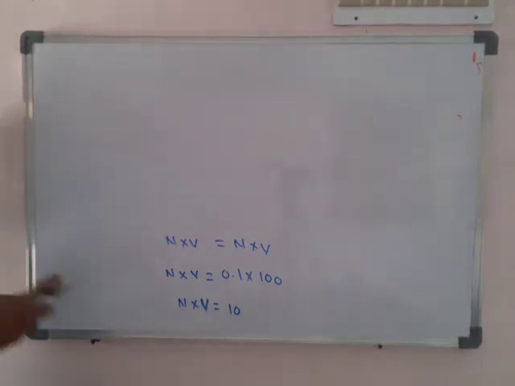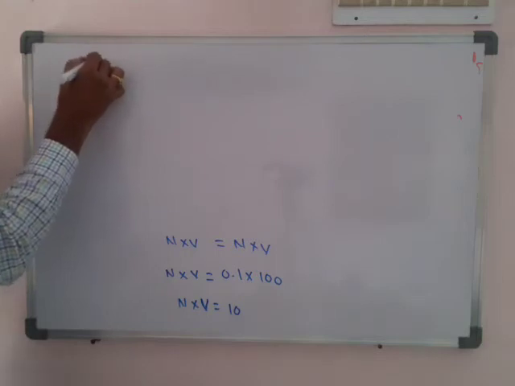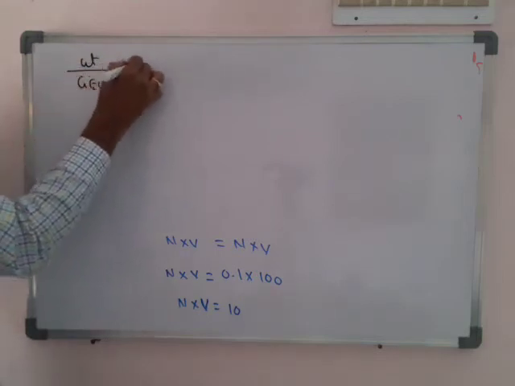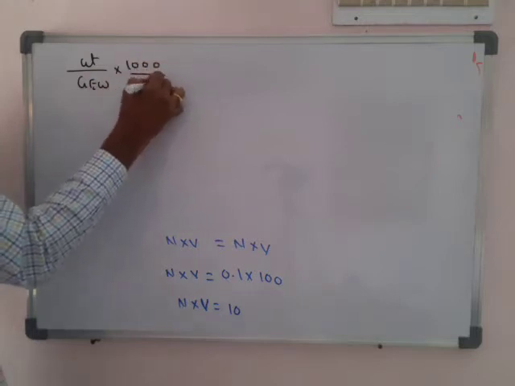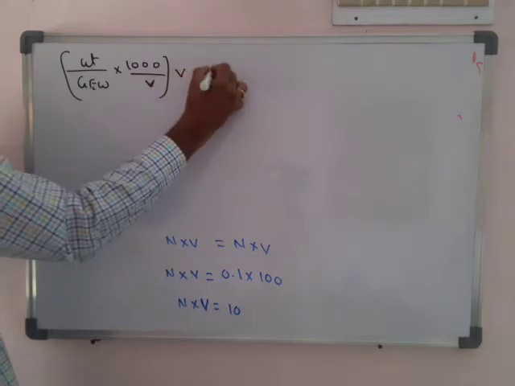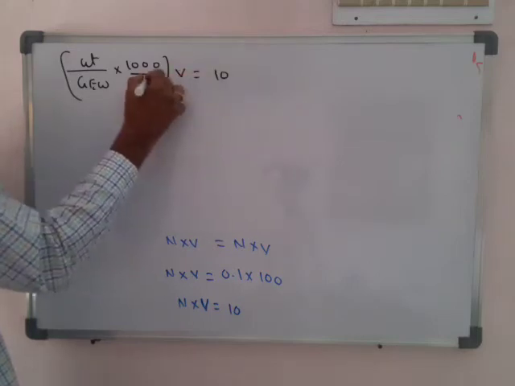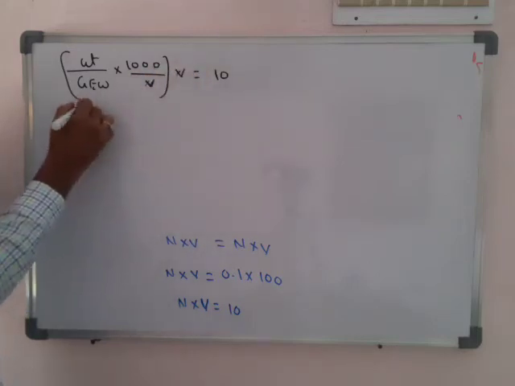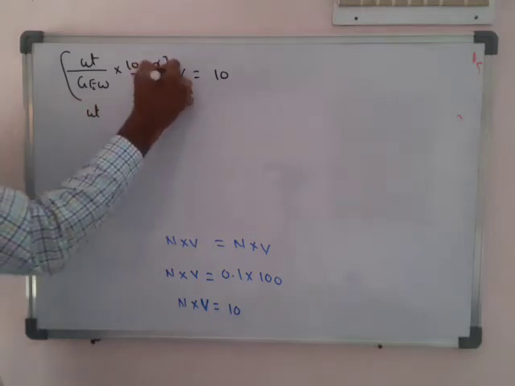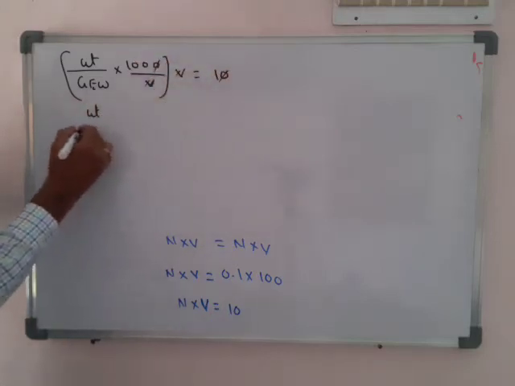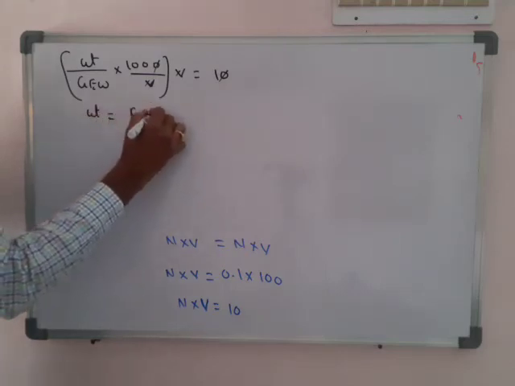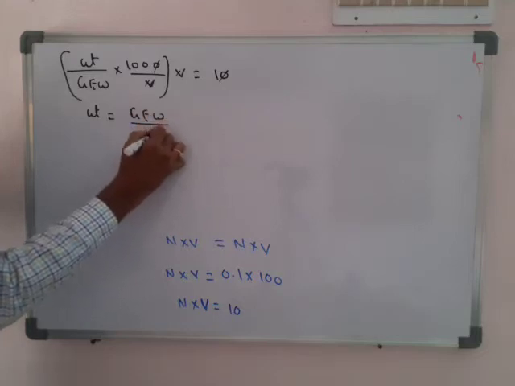So normality means weight by gram equivalent weight. Here the value gets cancelled. We have to find the weight. So it becomes only 1 by 100. So weight equals gram equivalent by 100.